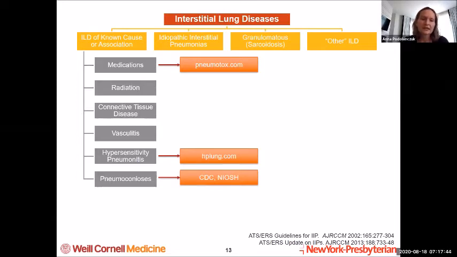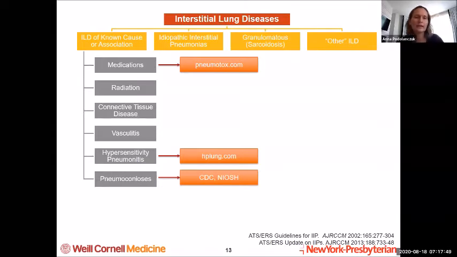And then there's hypersensitivity pneumonitis, which I'll talk a little bit more in detail in the next few slides. But that's a disease caused by an immune reaction to inhaled antigens, organic antigens. And there's dozens of different antigens that have been described. There's a great website called HP Lung that lists a lot of the known antigens, but these are diseases that also have other names like pigeon breeder's disease.